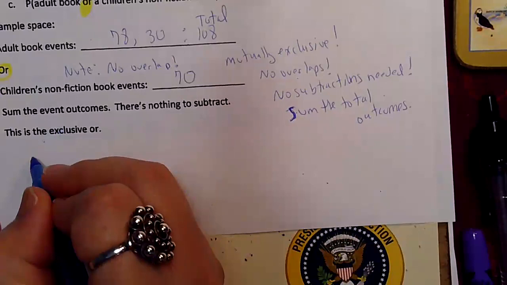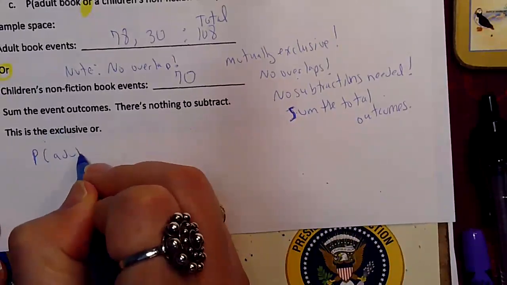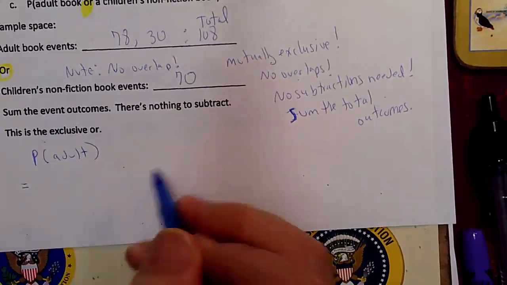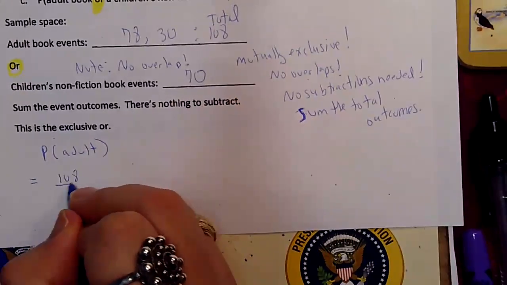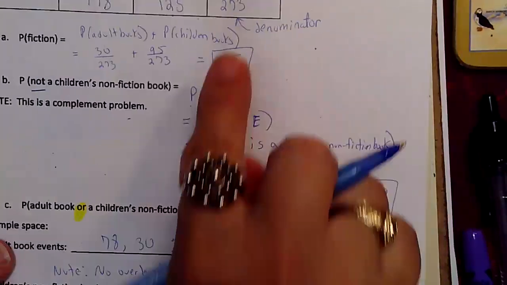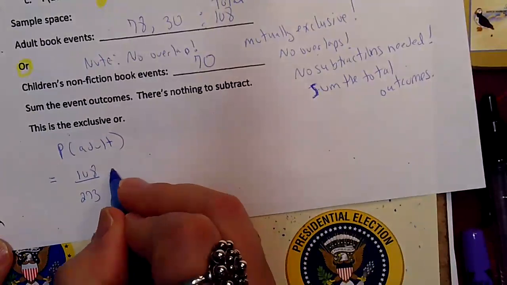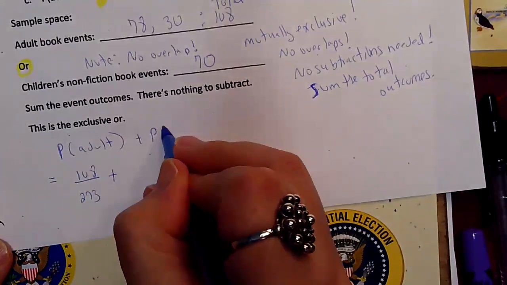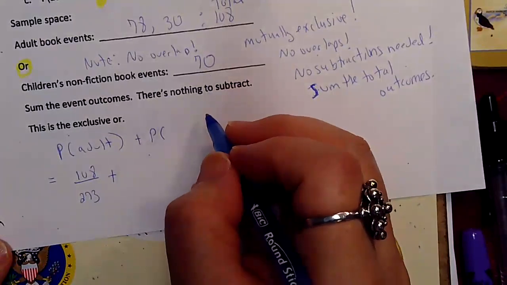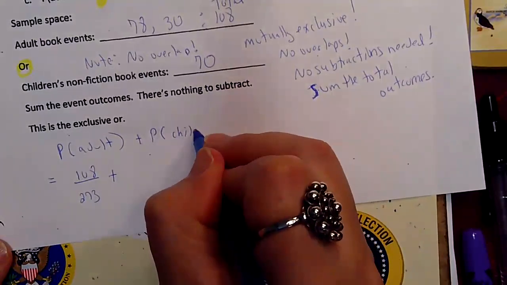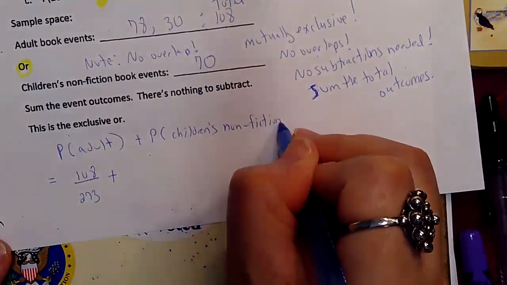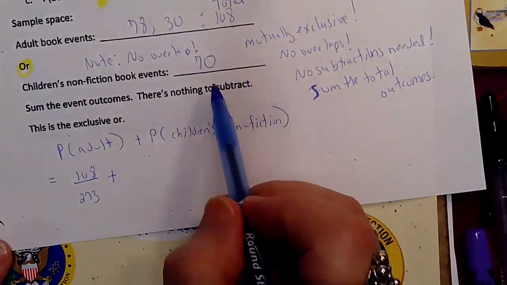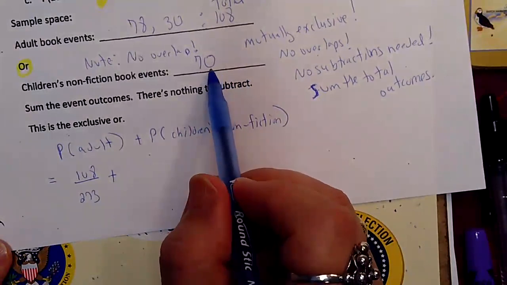So we have the probability of the adult books, which is 108 over denominator 273, plus the probability of the children's nonfiction books. And that was just a 70. That's the total. So 70.